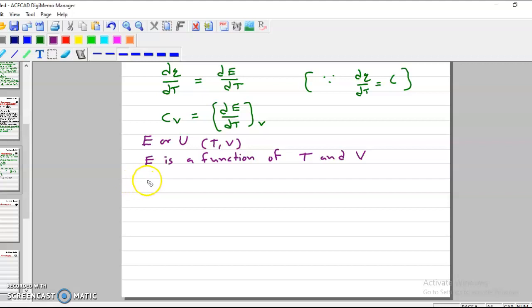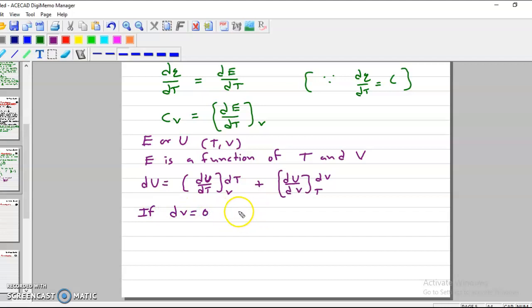If you change volume, there will be a change in internal energy. So we write dE or dU is equal to dU by dT into dT at constant volume plus dU upon dV into dV at constant temperature. But if dV is equal to 0 because volume is constant, then dU upon dV into dV at constant temperature will be 0.